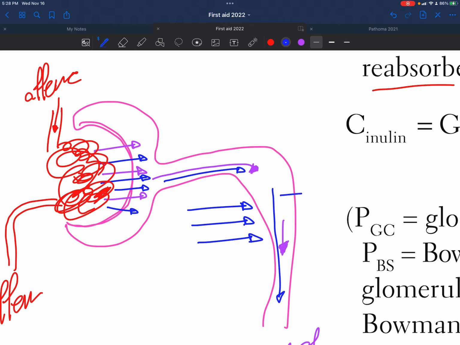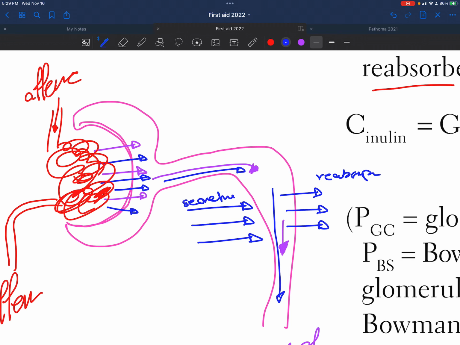There is no reabsorption of those anymore, because if we take something out of the urine into the body, this is called reabsorption. And if we secrete an additional amount of a material into the urine, this is called secretion.